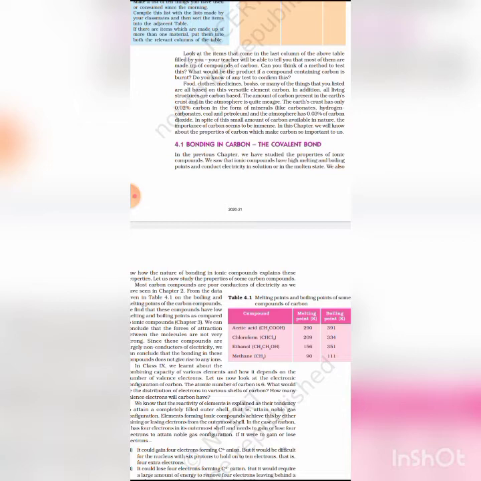But if it could lose 4 electrons forming a C4 plus cation, it would require a large amount of energy to remove 4 electrons, leaving behind a carbon cation with 6 protons in its nucleus, holding on to just 2 electrons. So carbon atoms overcome this problem by sharing electrons with other atoms of carbon or atoms of other elements.